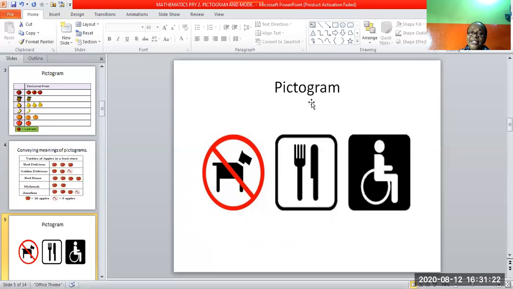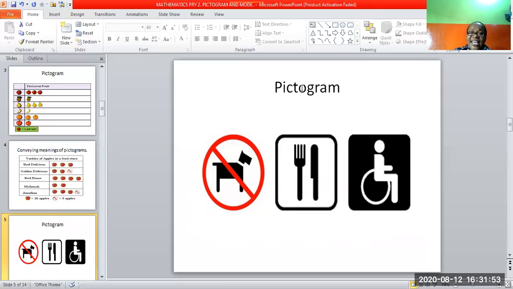Now, in some places, pictograms are used to communicate information without words. If you go in there, most of the instructions are represented in pictographs. Remember, pictographs are a way to represent data.